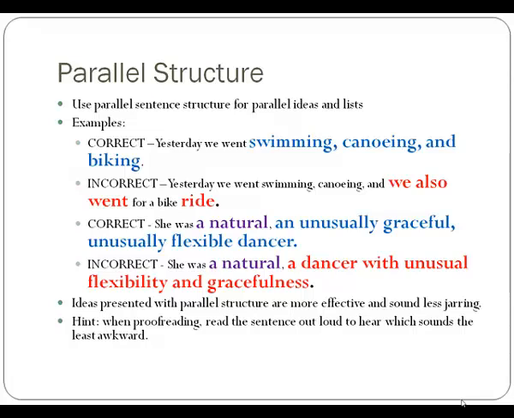It would be incorrect to say a natural, a dancer with unusual flexibility and gracefulness, because you're not separating the two pieces here, the gracefulness and the flexibility. That's being clumped together, and that's why it would be incorrect.